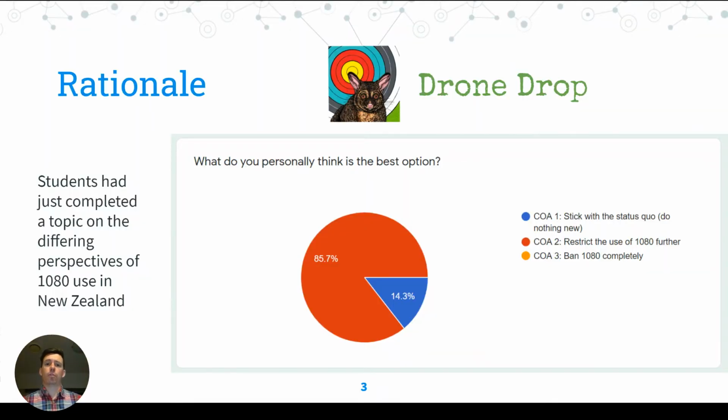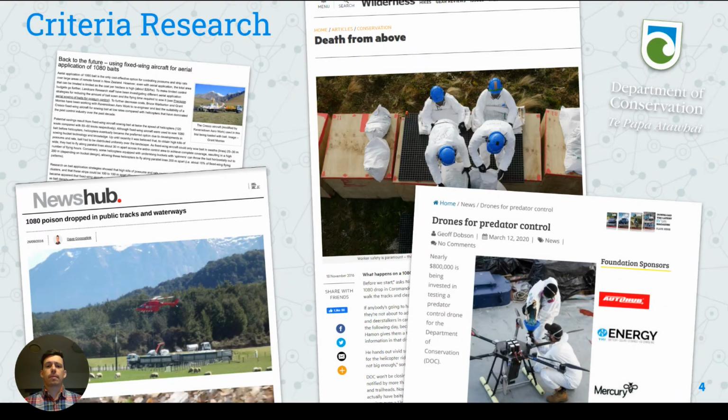Now, the rationale for the drone drop assessment was that we've just come off the back of a topic looking at the different perspectives of 1080 use in New Zealand, and the vast majority of the students in the class decided that we as a country should restrict the use of 1080 but not get rid of it completely. So we were looking at how we can use technology to be more efficient with that.